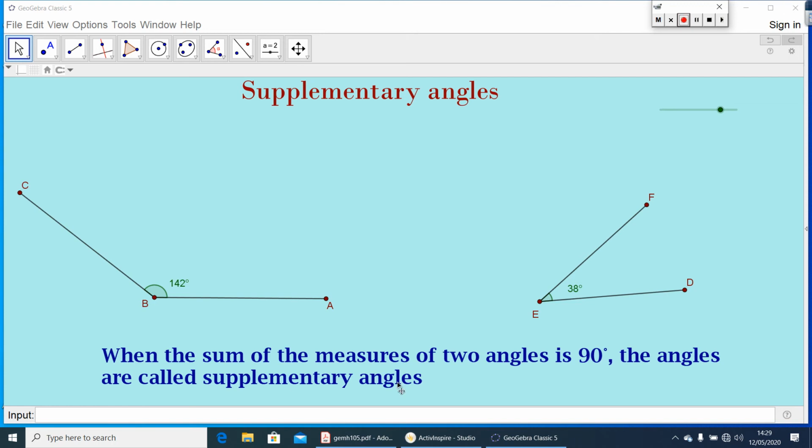When the sum of the measure of the two angles is 180 degree, the angles are called supplementary angles. As in the previous case, here 142 degree we can call as the supplement of 38 degree, or 38 degree is the supplement of 142 degree.